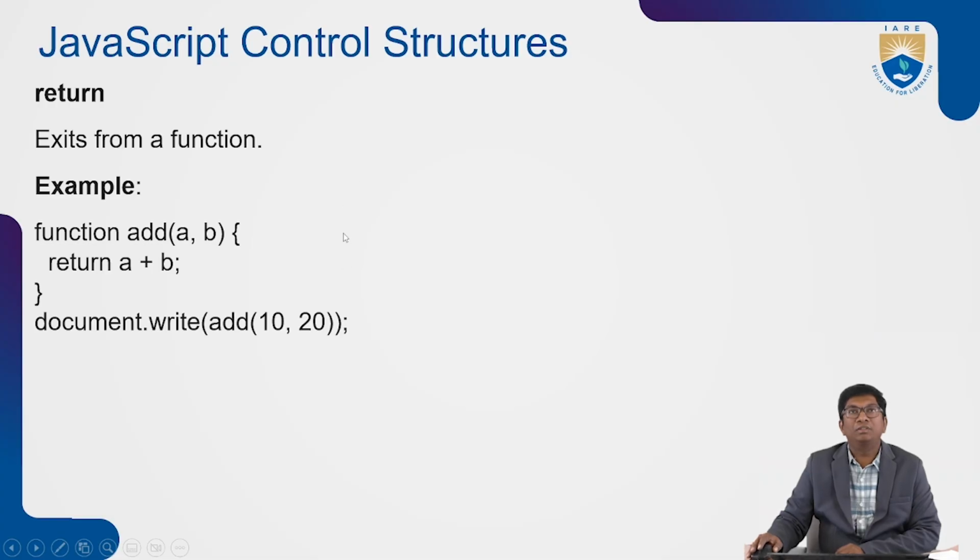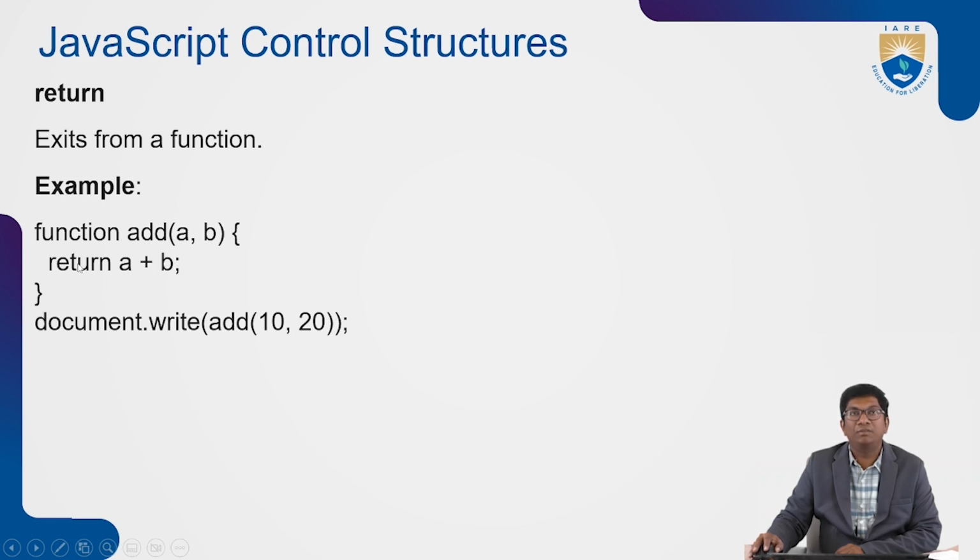And also we have the JavaScript control structure, the return statement. It exits from a function. So function add of a comma b, we gave here return a plus b. When you call this function in document.write, add 10 comma 20, it immediately calls the function and returns the addition of these two numbers, 10 plus 20.